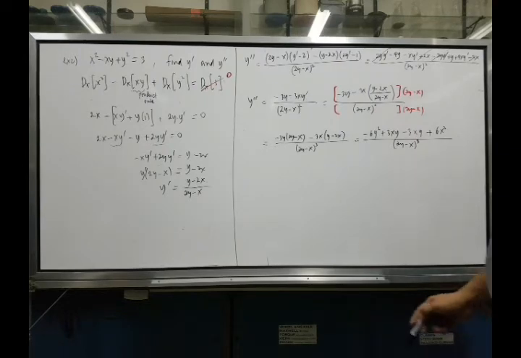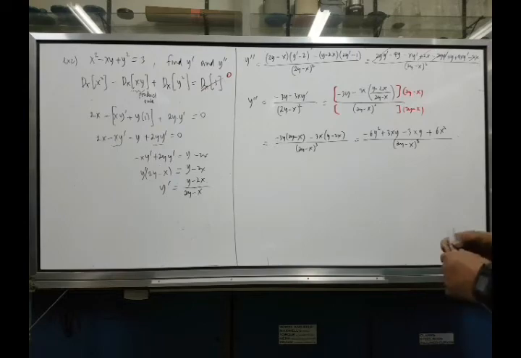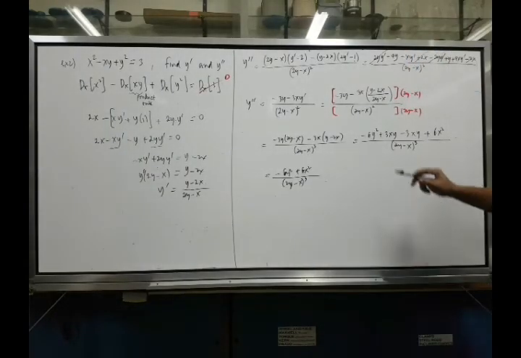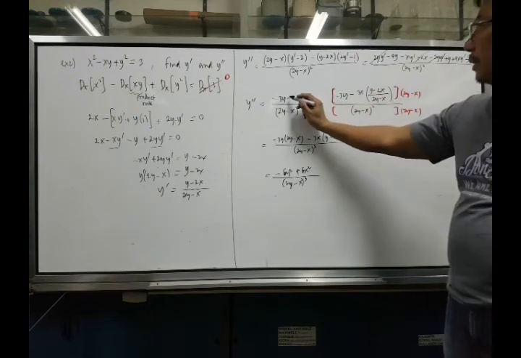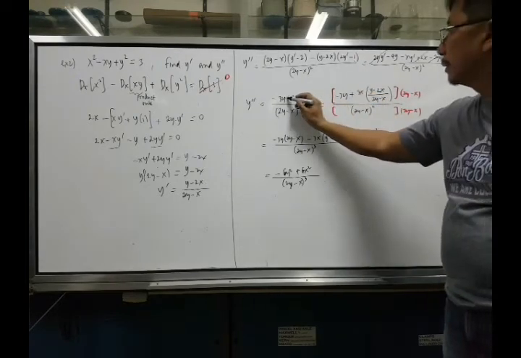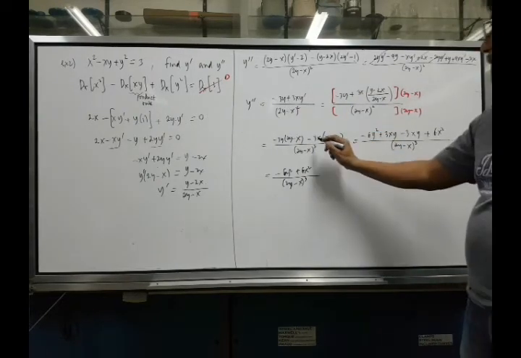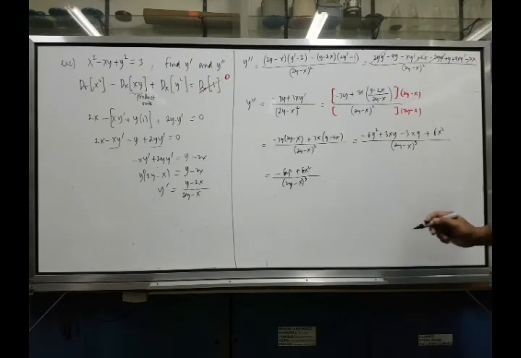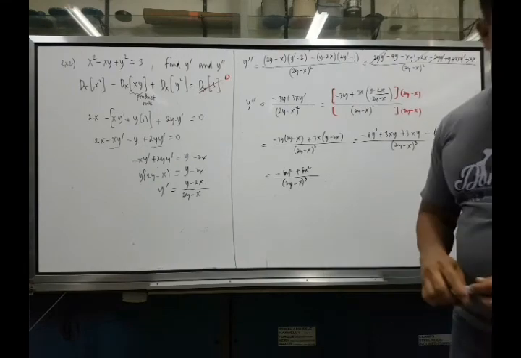So let's double check the signs: negative, positive, positive, negative. Let's go back to this problem here. So this should be negative and positive, so this is plus. So this should be plus. And this should be plus. And this should be plus. And this should be minus.